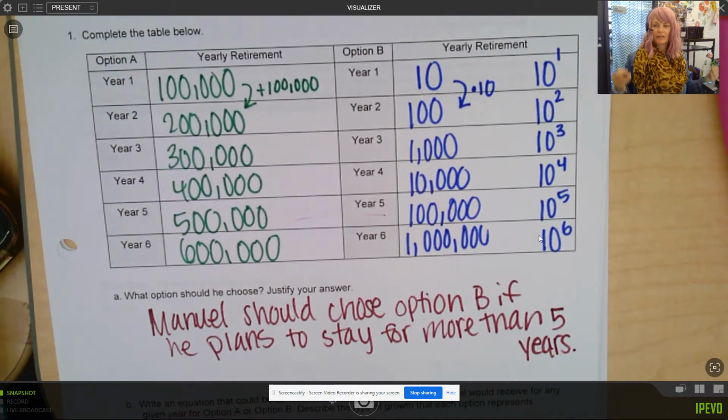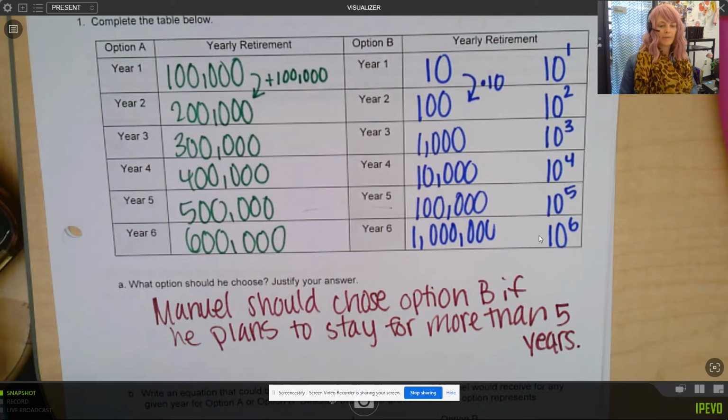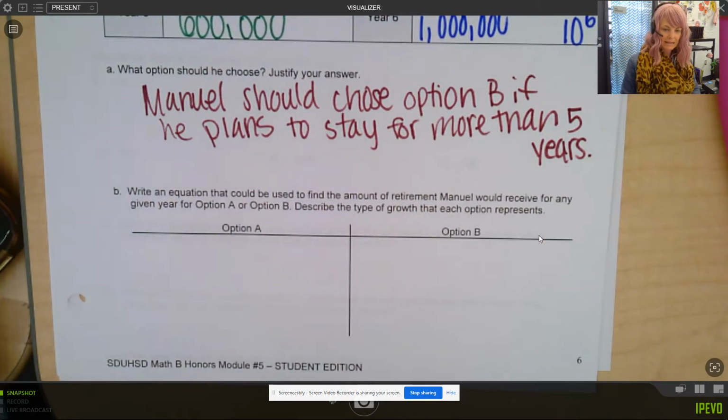And obviously, if he's gotten this excellent job that he plans to retire in, he's probably going to be there for more than 6 years. Okay, well, let's talk about these 2 options and what it means about their type of growth.